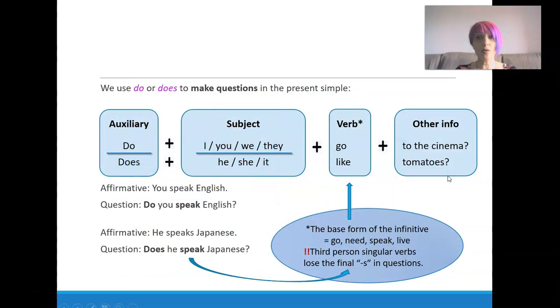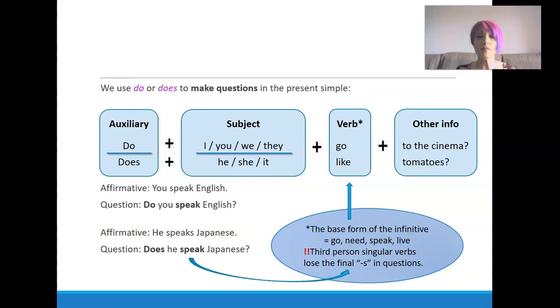How do we make questions? Super simple. We start with the auxiliary, do or does if it's third person singular, then the subject, the verb in infinitive, and then the other information. For example, do you go to the cinema? Does she like tomatoes?